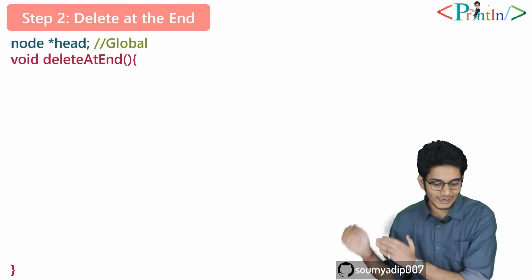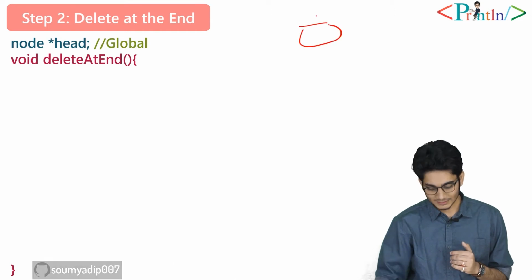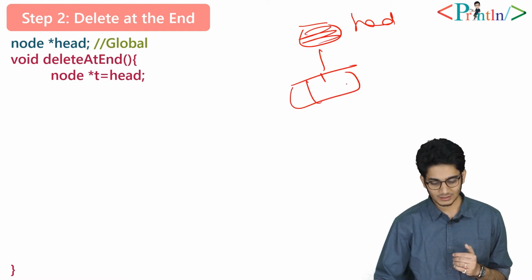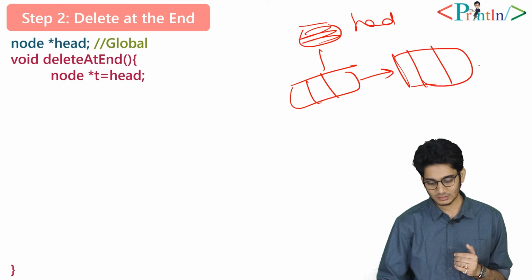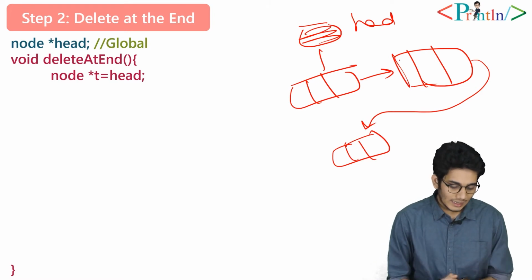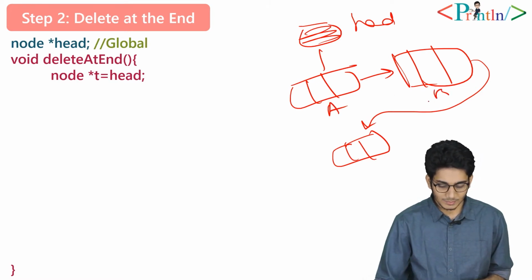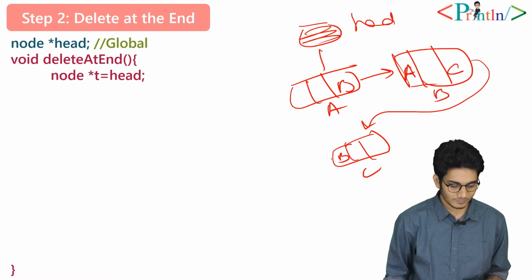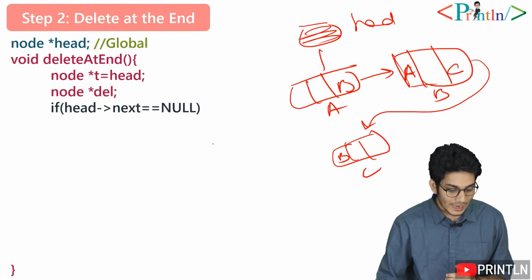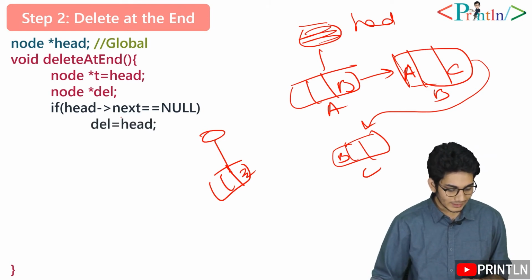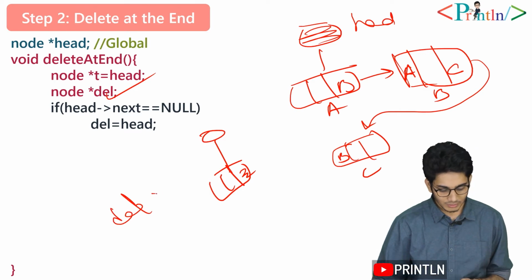Delete at the end. Node head is global. Let's say this is A, B, C: A is pointing to B, B prev is A, B next is C, C prev is B. If head next equals null, it means we have only one value within the list. So we'll take a pointer del, pointing to this node.